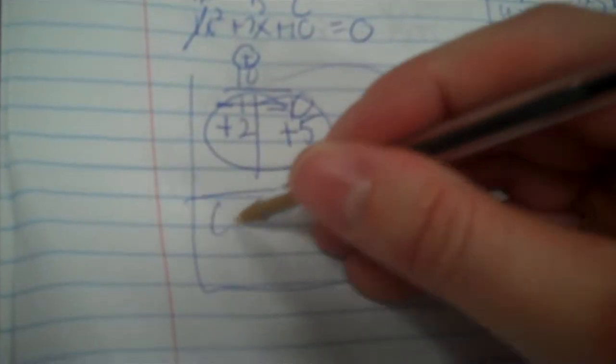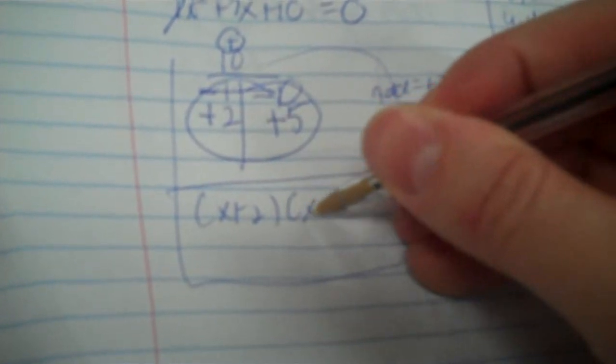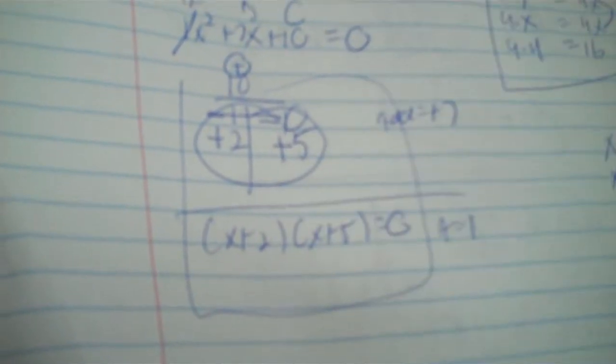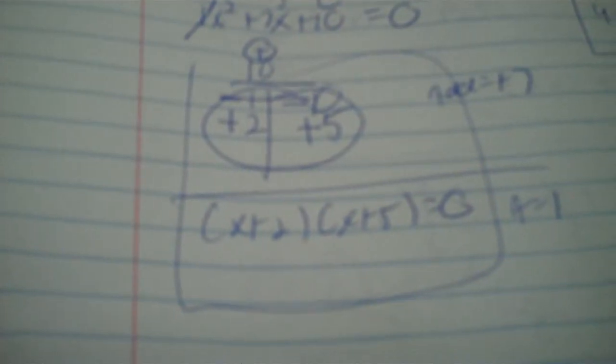So negative, negative, and we're trying to add to get to plus 7. Well, it ain't 1 and 10. Plus, plus, good. Okay, A is 1, so it'd be x plus 2, x plus 5. So set each of those equal to 0, and you're going to get negative 2 and negative 5 because you'd subtract them both from 0.